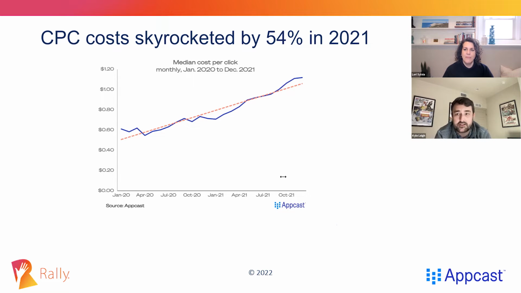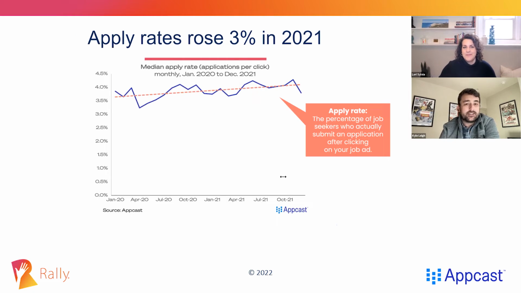The reason this has skyrocketed is, again, competition, the explosion of demand for workers. So hopefully people have increased their budget by 54% going into 2022, or at least had some increase in budget in order to be able to compete for job advertising real estate. Yeah, exactly.